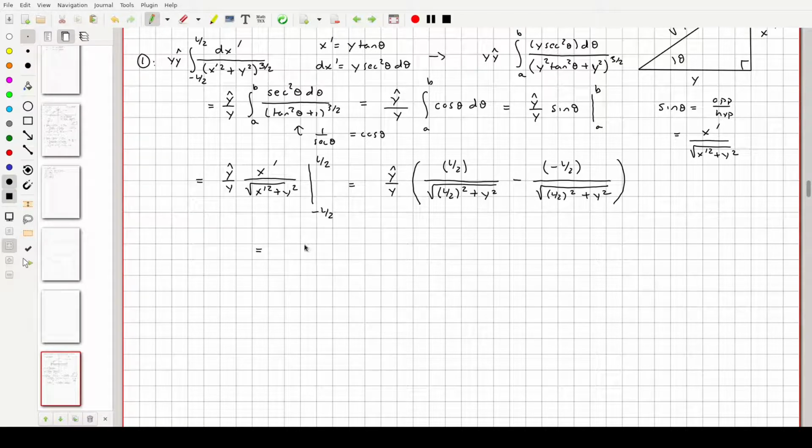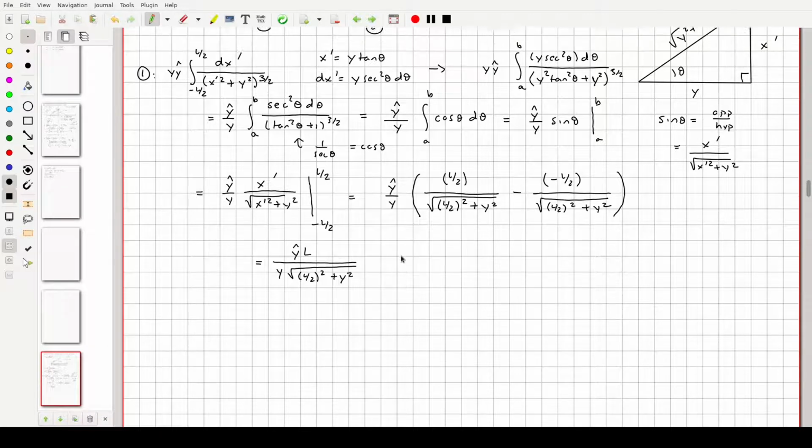So this would be y hat L over y times the square root of L over 2 squared plus y squared.